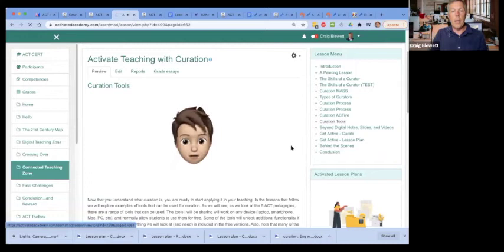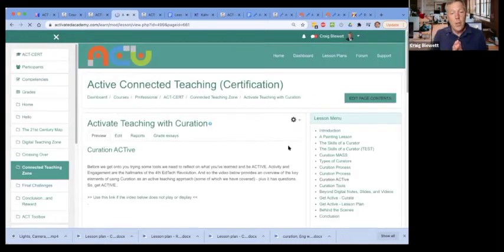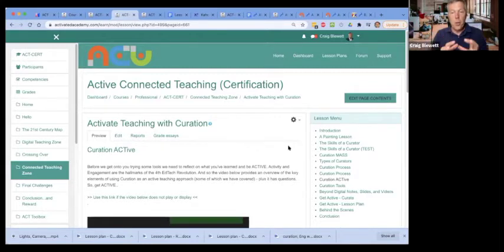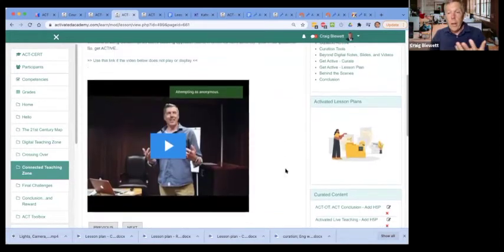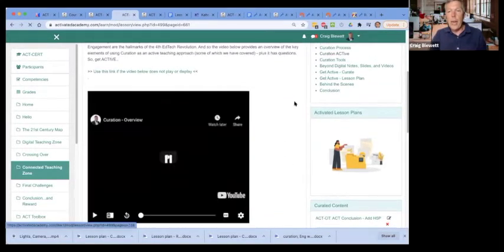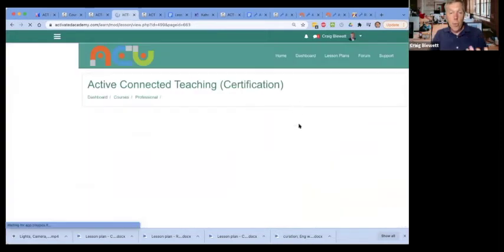But what's also important, as I said, is that for every lesson, you actually are doing what you're learning about. So in this lesson, you're learning about the pedagogy of curation. Very briefly, curation is the organizing of content into a place, and there are a lot of great tools that we can use for this. In this lesson, there'll be opportunities to actually get active and to curate content.